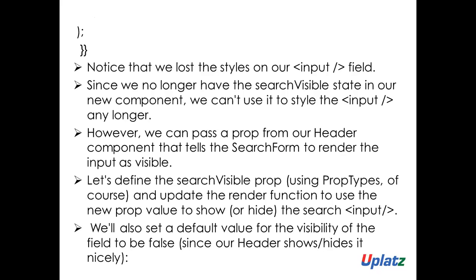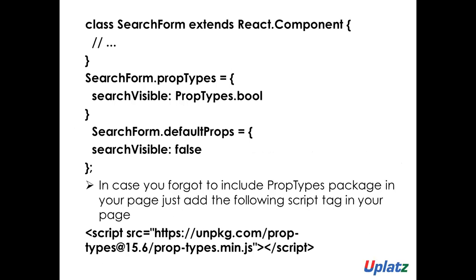And also we can define that searchVisible prop using propTypes, and then update the render function to use the new prop value to show or hide the particular search input. We also set a default value for the visibility of the field to false, since our header shows or hides it very nicely. So these are the things we need to do.